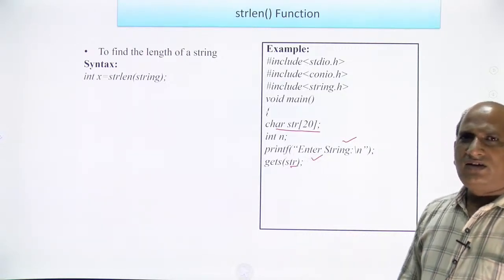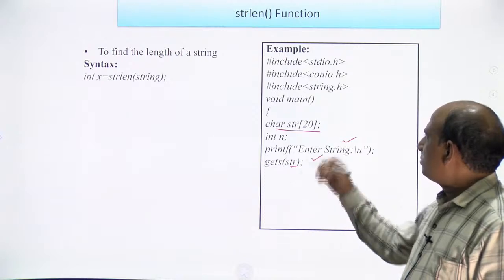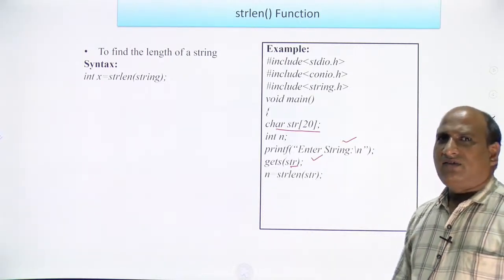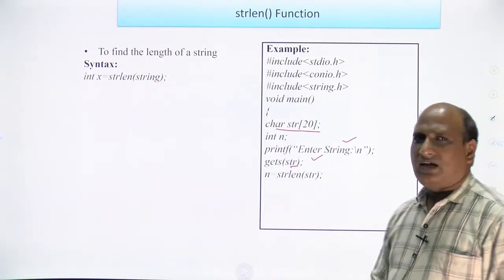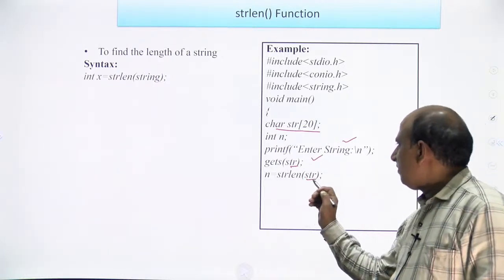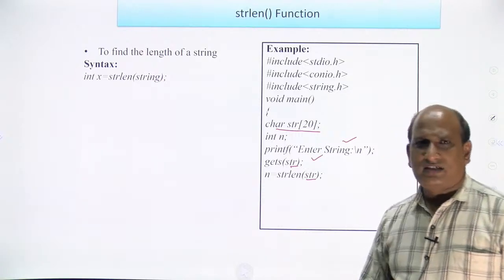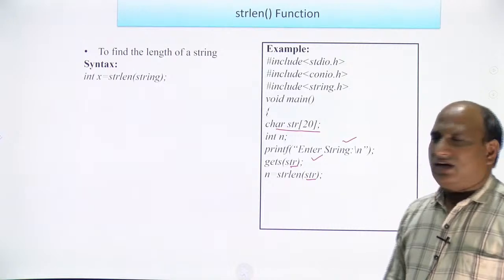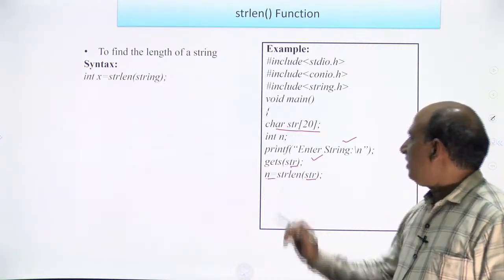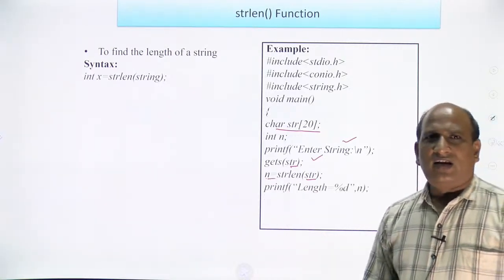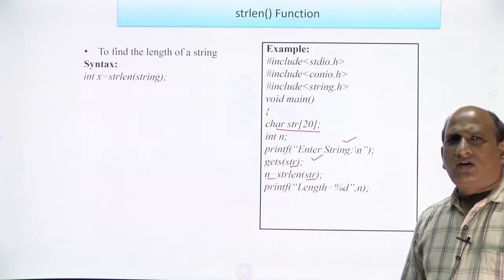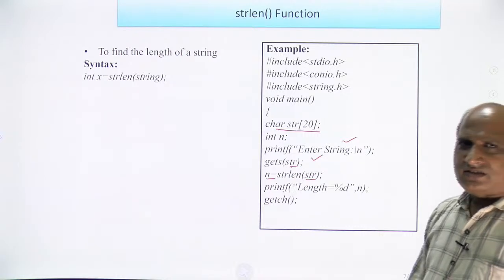Whenever the user inputs, it will be stored in this array str, and when we pass this str to the strlen function, it will find the length of that string and return it, and we will store it in an integer type variable n, and finally we may print that length. This way you can find the length of a string.